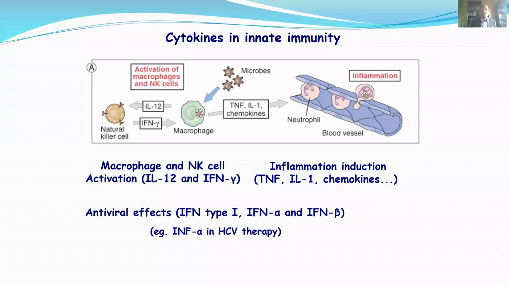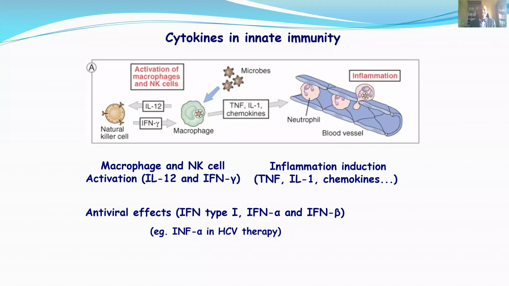The cytokines we are involved with are the cytokines which can activate the cells, the cytokines which can induce inflammation, and the cytokines which have antiviral effect. So three types of cytokines are important when you have innate immune mechanism: to activate the cells, to aid in inflammation, and to have antiviral effect.